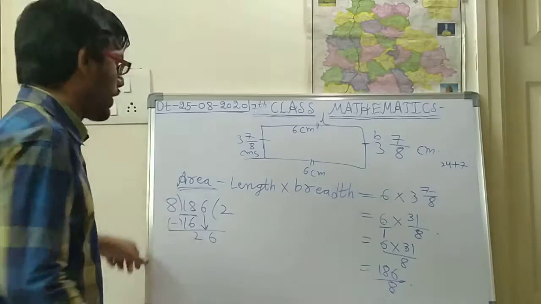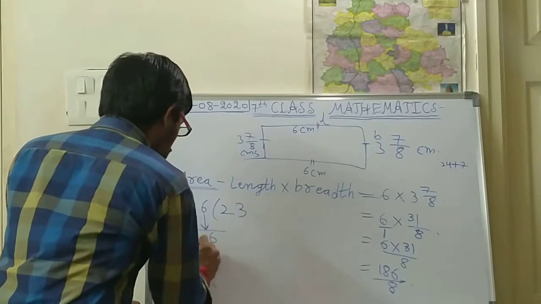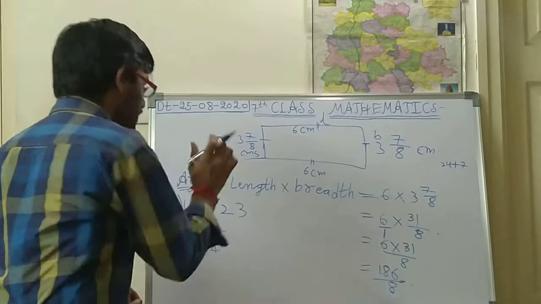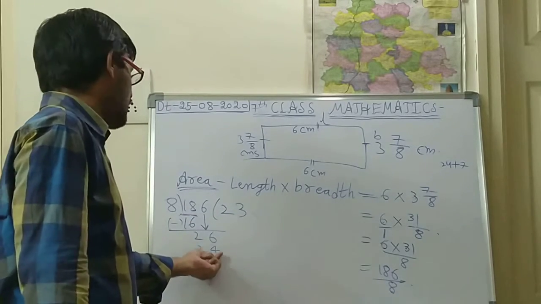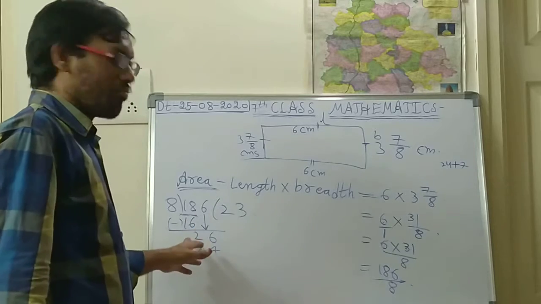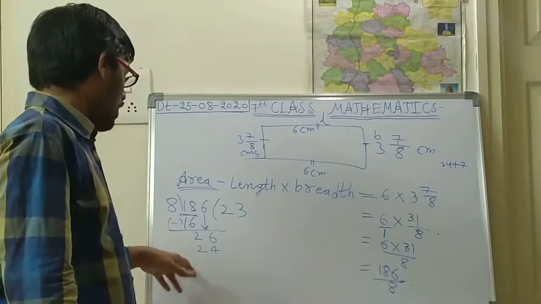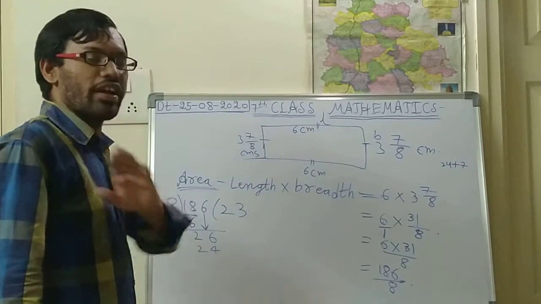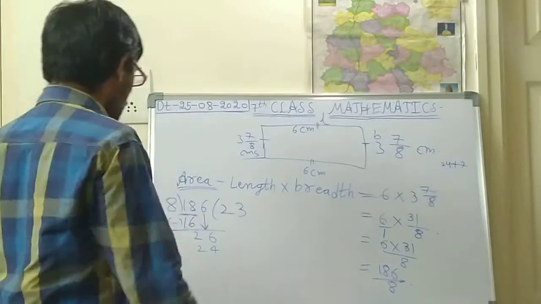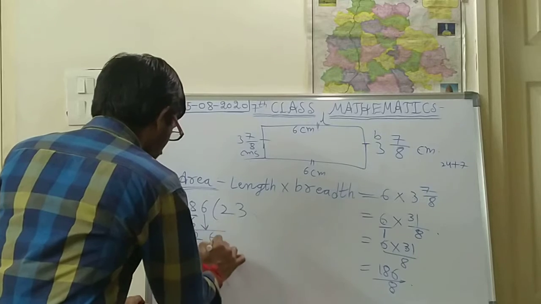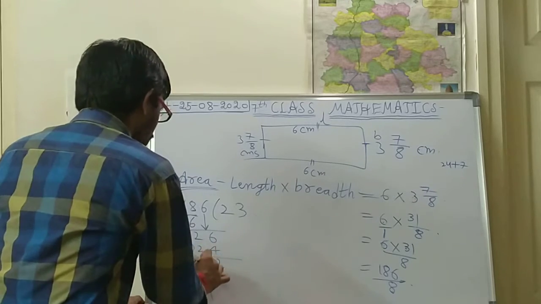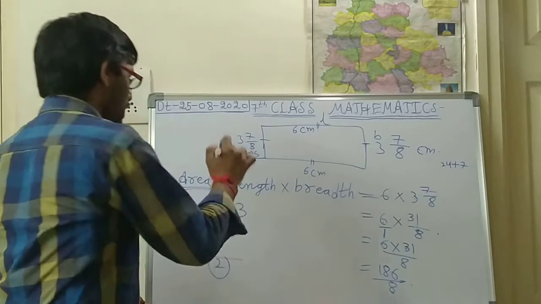When will 26 go in the 8 table? 8 threes are 24, and 24 is less than 26. If you take a greater multiplication, you can't do the subtraction; you will get a negative answer, which should not come. So 26 minus 24: 6 minus 4 is 2, 2 minus 2 is 0. So 2 is the remainder.